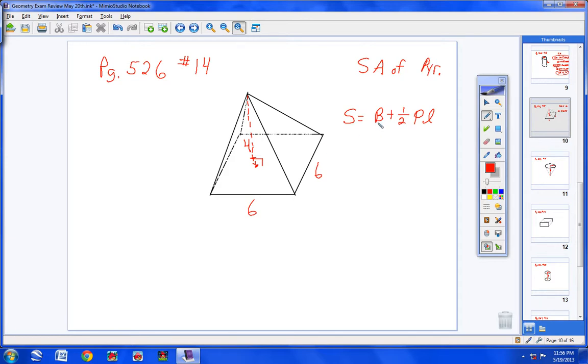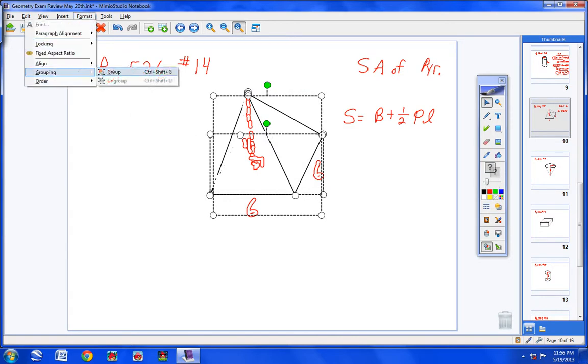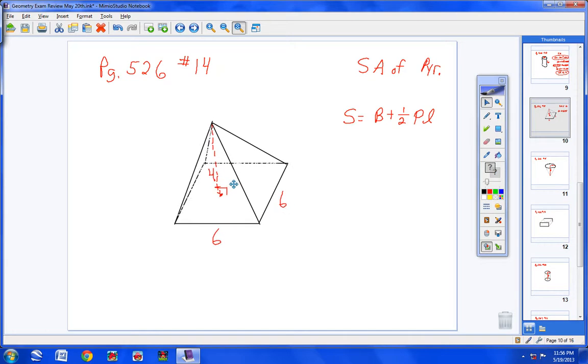Capital B stands for area of base. Capital P stands for perimeter of base. And L stands for slant height. And I intentionally chose this problem right here because I did not want you to have the slant height. And that's good because we need to practice that.